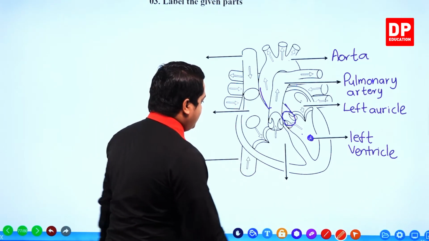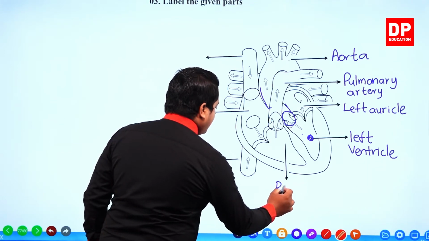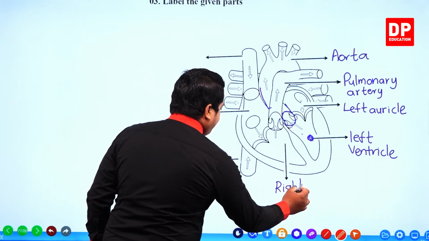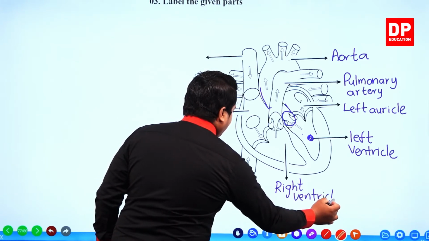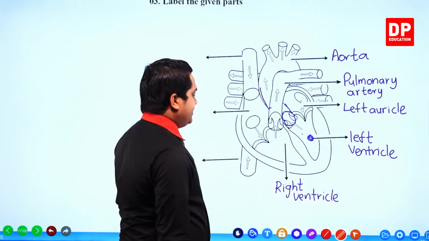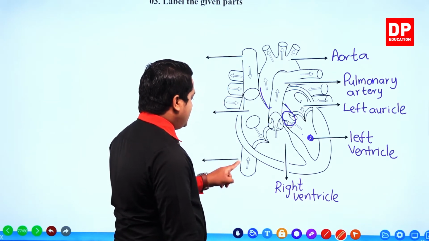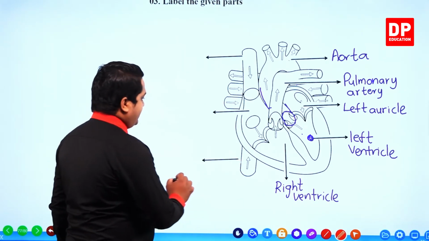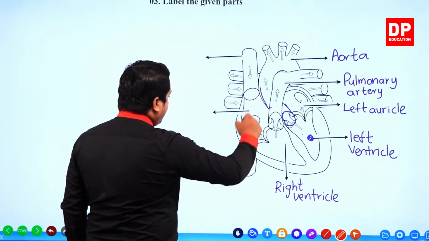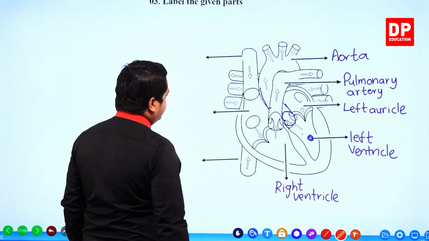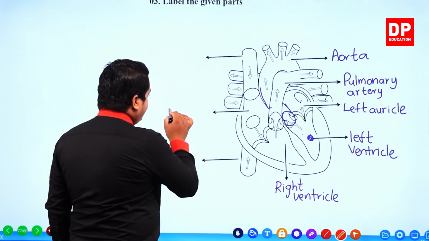So this chamber is the right ventricle. This is the inferior vena cava then. It is connected with the right atrium. So this is the right atrium.